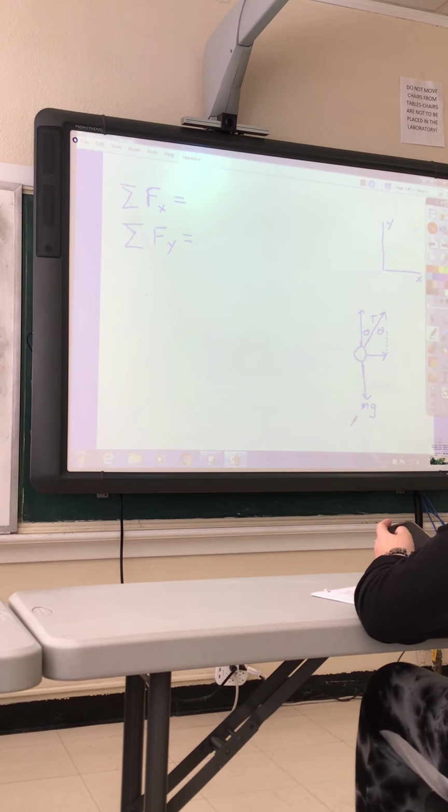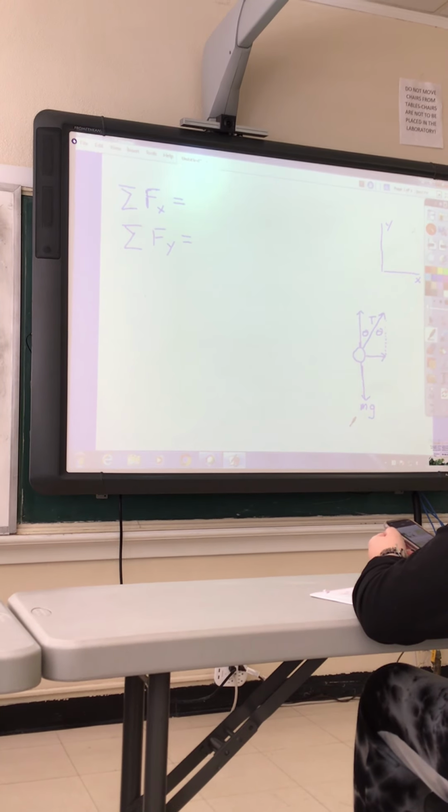R is a length. Okay, so it has to be related back to L. Separate out force terms from your geometry. I see what you're doing here. Really good.